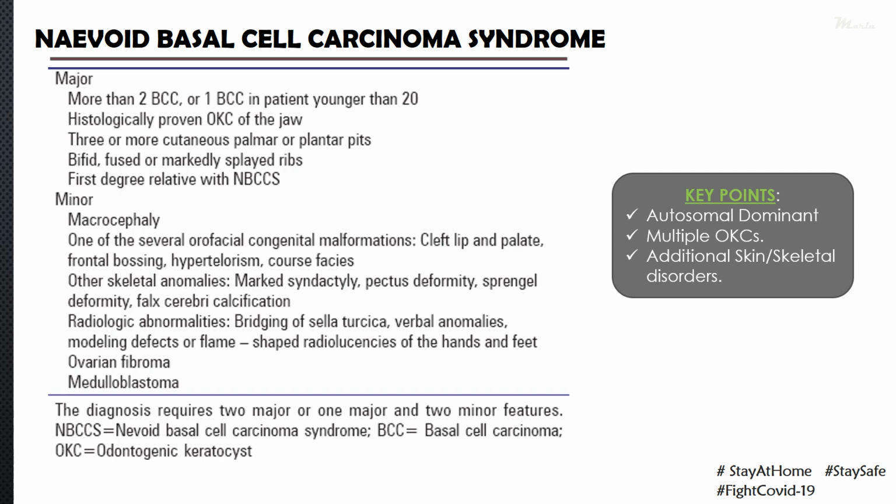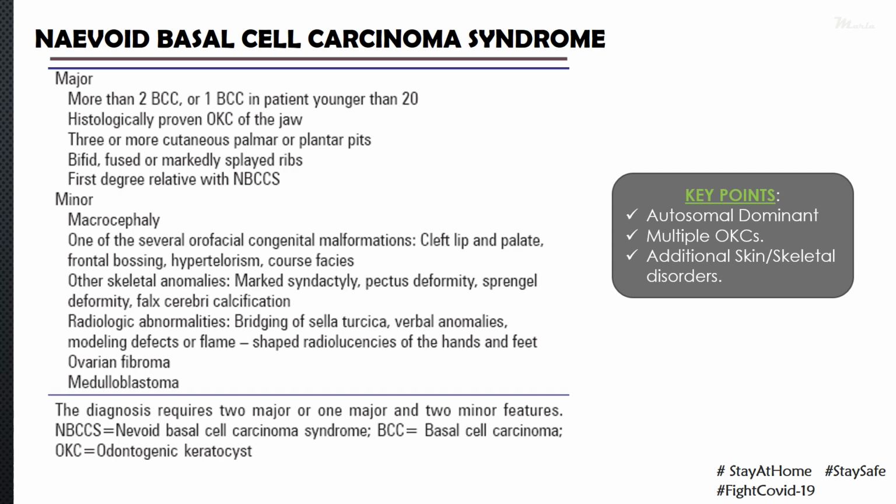In addition, a variety of minor features have been described, which could be macrocephaly or an enlarged head, one of the several orofacial congenital malformations including cleft lip and palate, frontal bossing, hypertelorism or coarse facies, other skeletal abnormalities like marked syndactyly, pectus deformity, Sprengel deformity, falx cerebri calcification, radiographic anomalies such as bridging of sella turcica, vertebral anomalies, modeling defects, flame-shaped radiolucencies of hands and feet, ovarian fibroma and medulloblastoma.